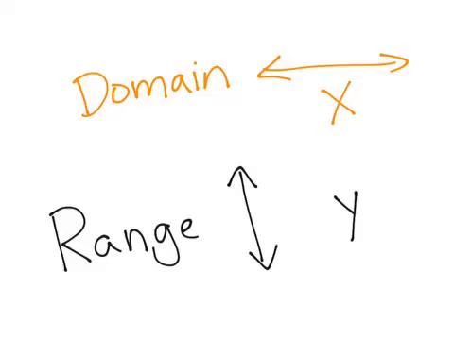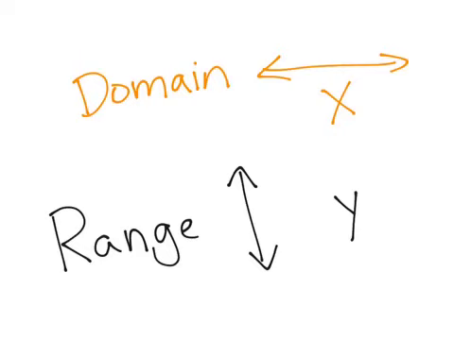Alright, for the last lesson of Unit 1, we're going to be talking about domain and range and doing an introduction to those. So, for domain, that is how far a function extends to the left and to the right. So, we're going to explain using x values how far the function goes left and right.